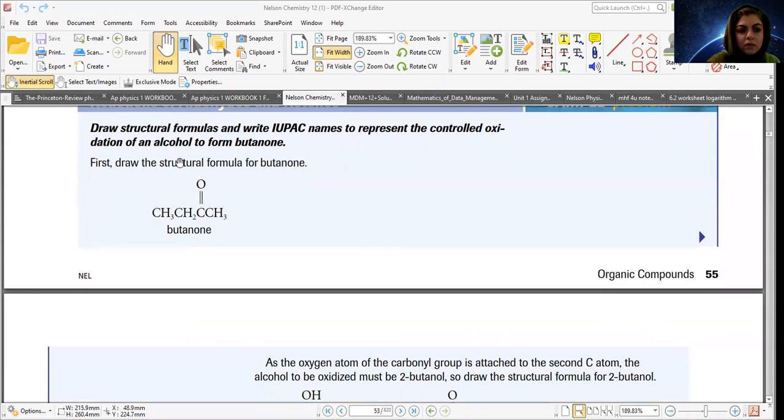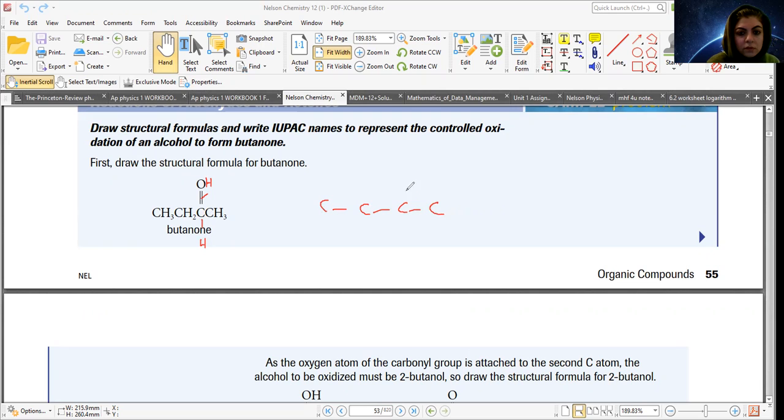Now here, draw the structural formula. Name represents the controlled oxidation of the alcohol to form butanone. So to realize what would happen, you have to think in reverse, right? Which alcohol, what alcohol do I need? So the double bond, you need to break it. You need to give hydrogen here and hydrogen here. So this is what you have. See, 1, 2, 3, 4. You have 4 carbons.